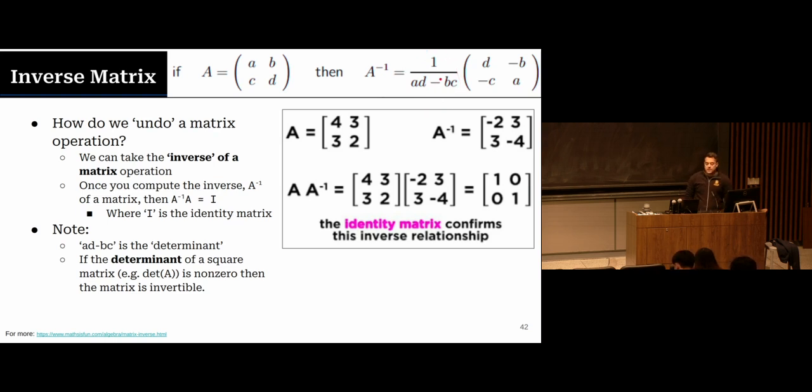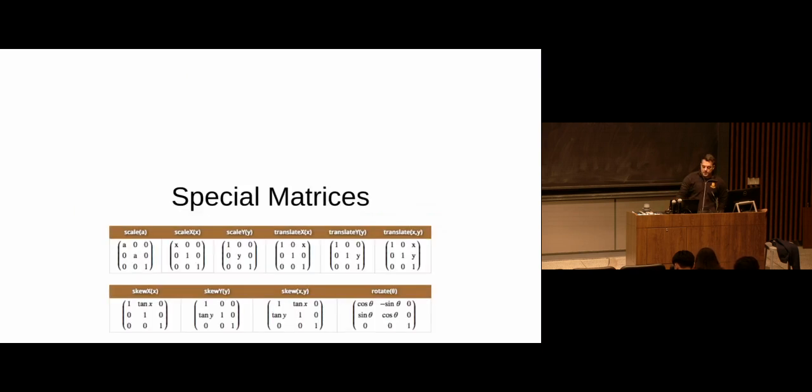If somebody asks you what it's for, it tells you whether you can do this undo operation. You can clearly see that if I have 1 over the determinant and I get a 0 there, that's going to be illegal. So you might have a matrix that's not invertible, so to speak. So you could check for that.